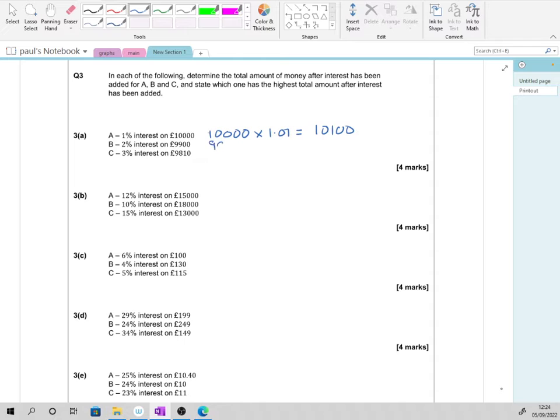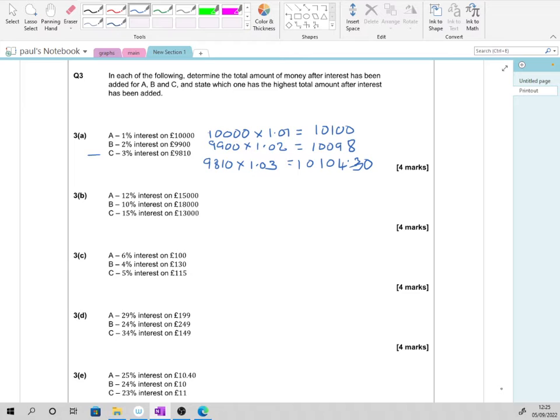This one, 9900 times 1.02 equals 10098. And 9810 times 1.03 is 10104 and 30 pence. Which is the highest total amount?